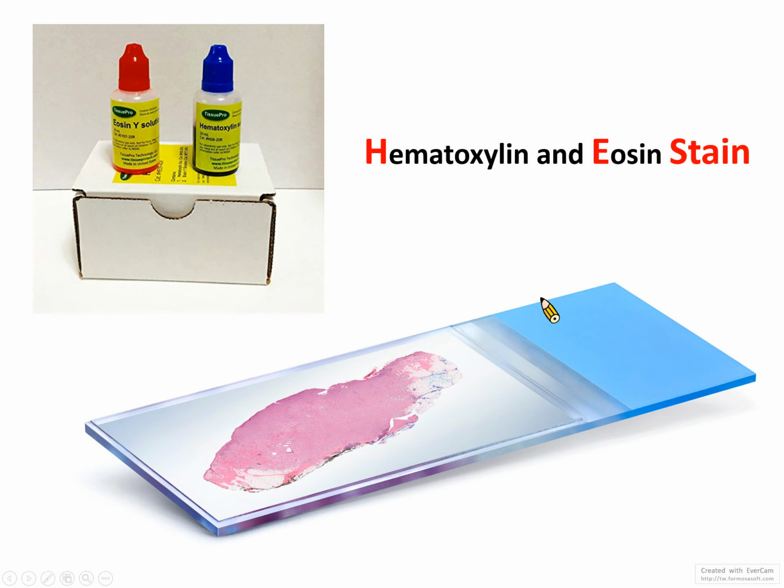If you are interested in this procedure, you can look up the HE stain on the internet, then you will understand this procedure. But basically, the nucleus will be labeled with purple color, and the plasma will be labeled with purple and red colors.